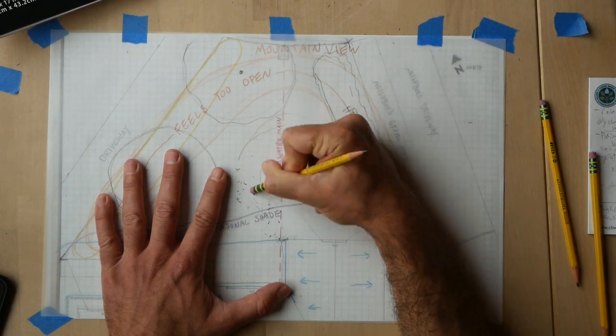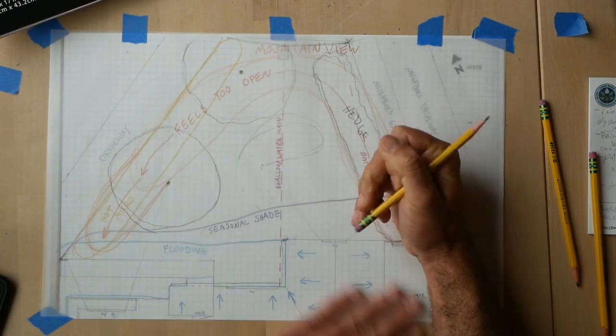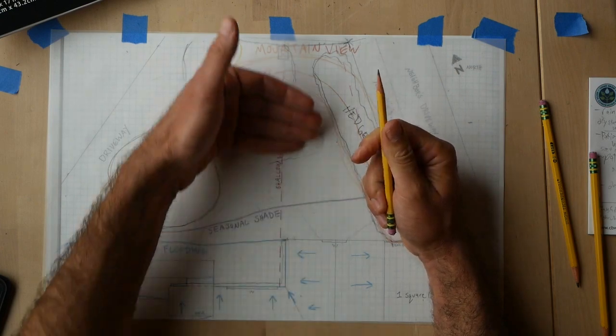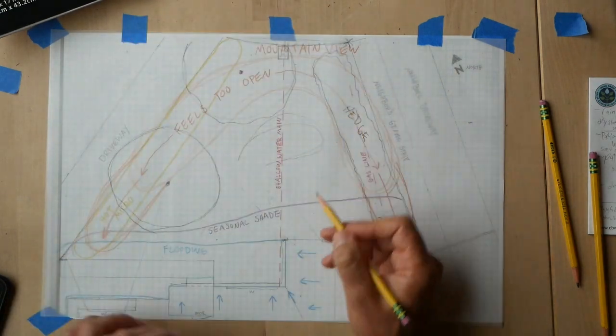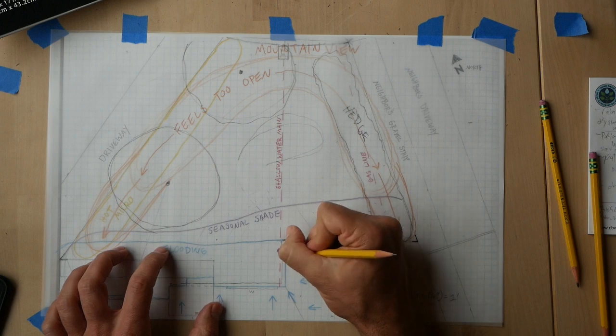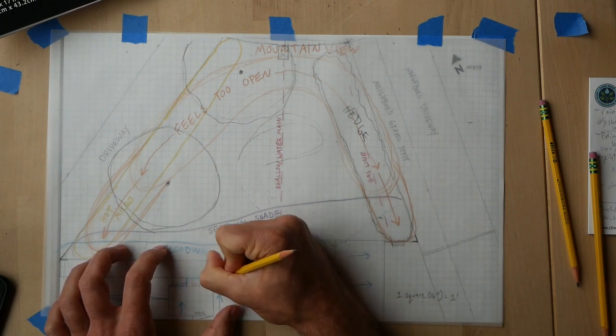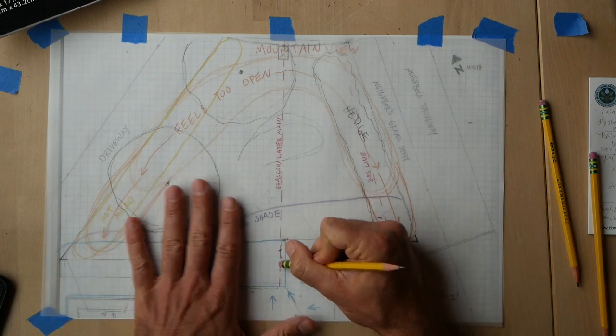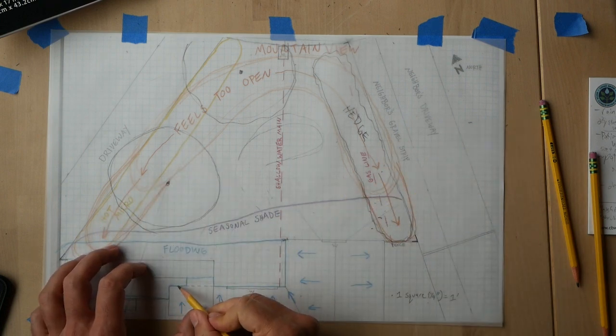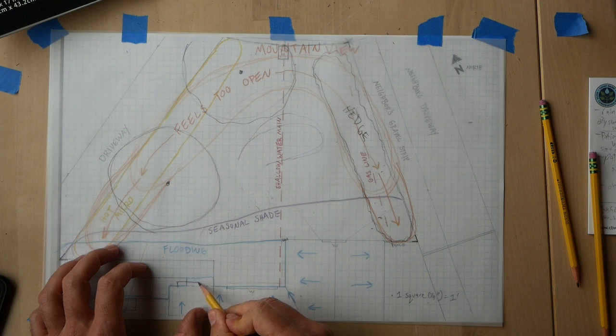If you weren't going to have roof gutters and the site sloped out, and you had some gravity to follow, you could have something like a French drain, kind of a gravelly area that picked up water all along here.